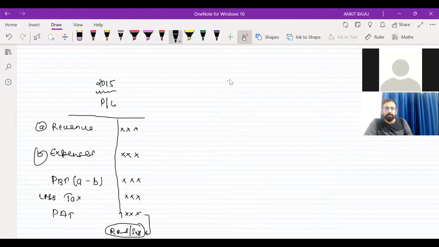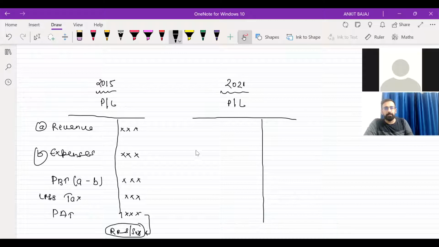Now, when we are preparing the P&L account for the year ending 31st March 2021, you can see the format here. There is a difference in format. You can see revenue is given here, so we have to record revenue.